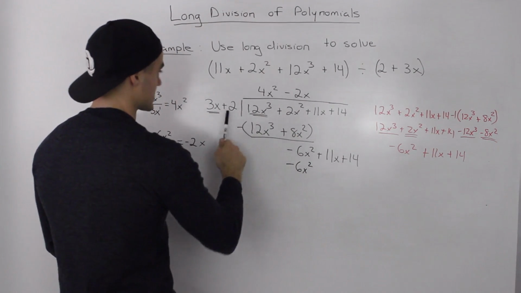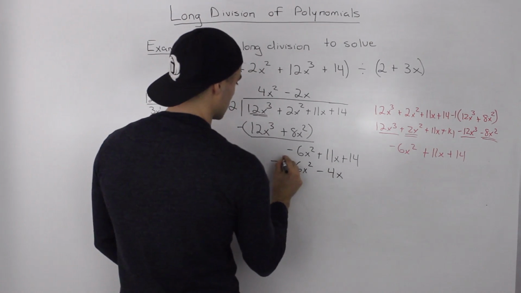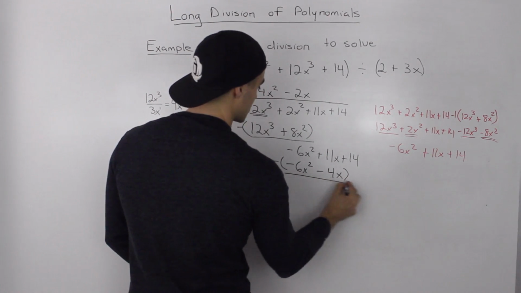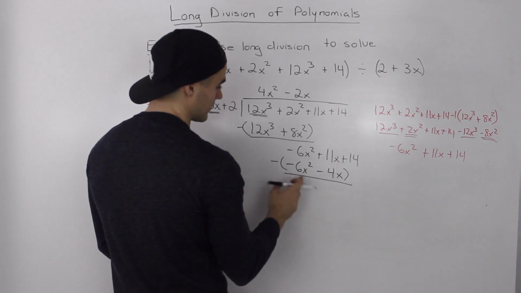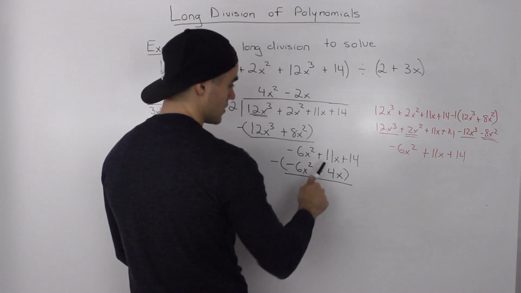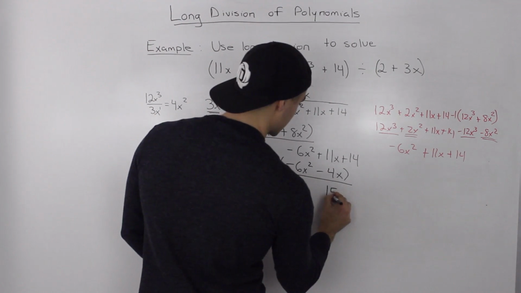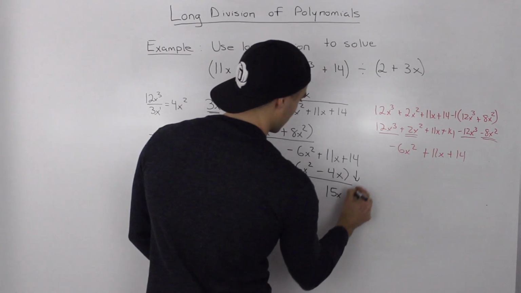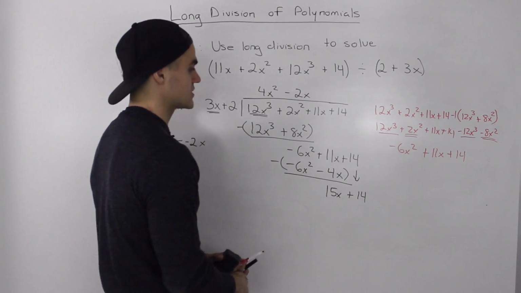And then negative 2x times 2, that ends up being negative 4x. So when we subtract this whole expression, the negative 6x squared minus that ends up being positive. So negative 6x squared plus 6x squared is just 0. 11x minus 4x, that's 15x. And then we just bring the 14 down. So that ends up being 15x plus 14.